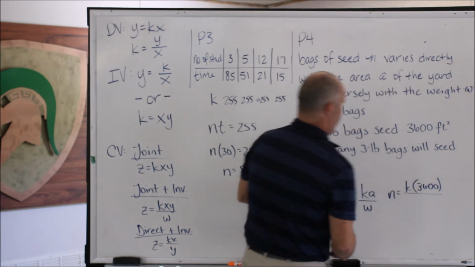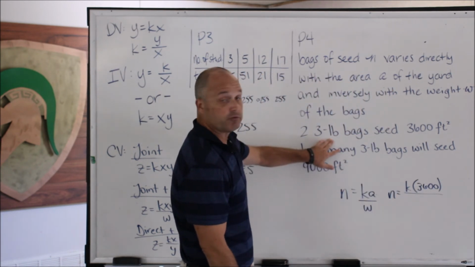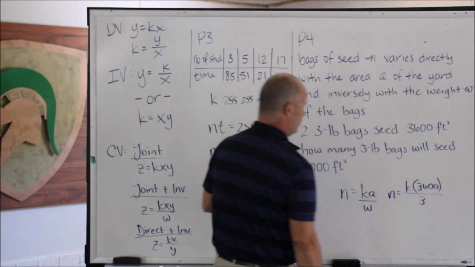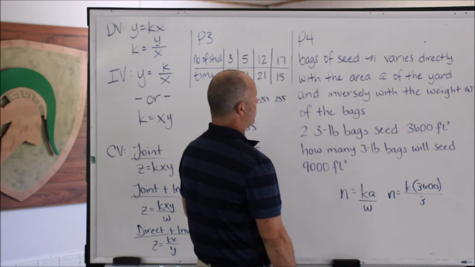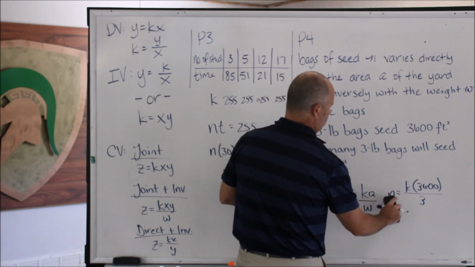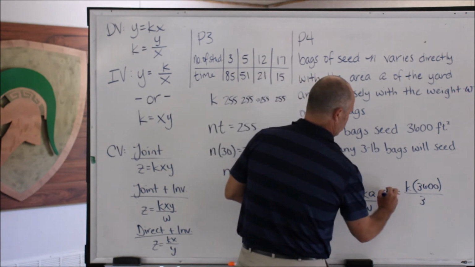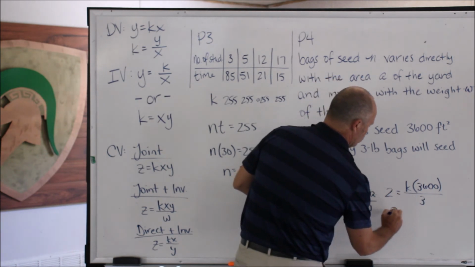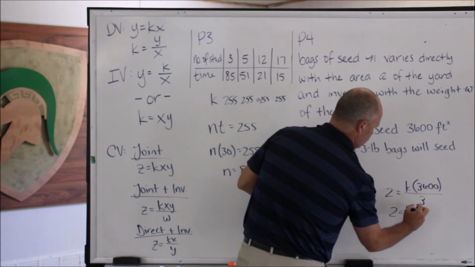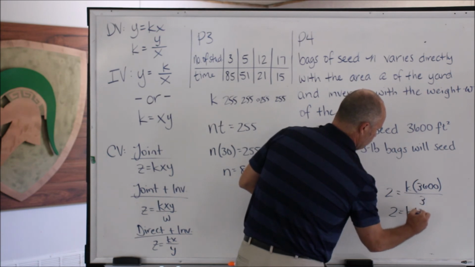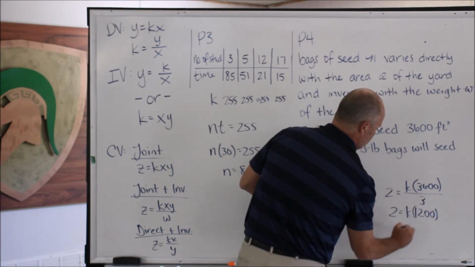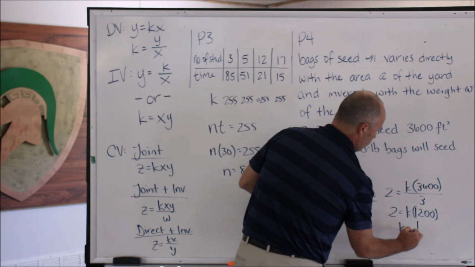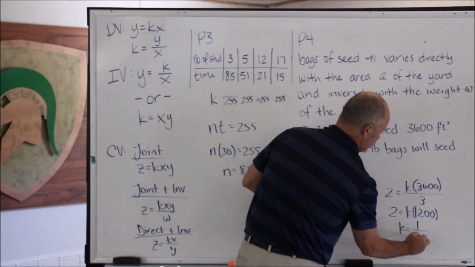Then over top of that is the weight of the bag. These were 3-pound bags. So we end up with this here. And the number of bags of seed was 2. So now we get 2 equals K times 1,200. And so K is going to equal 1 over 600.